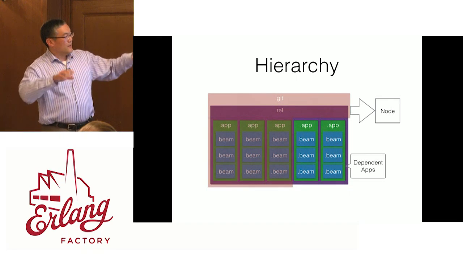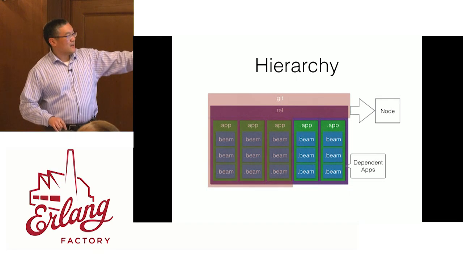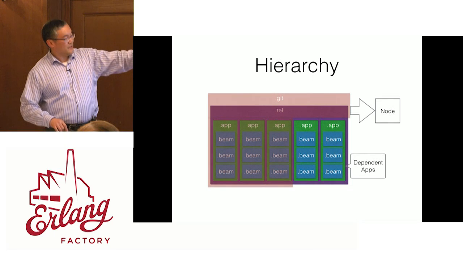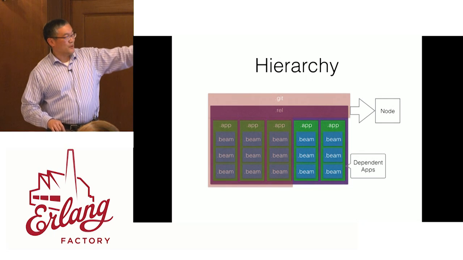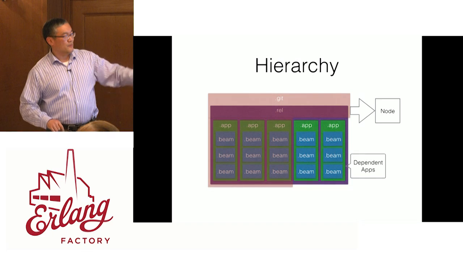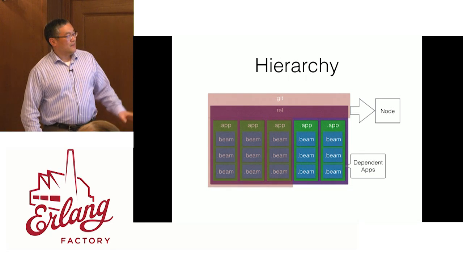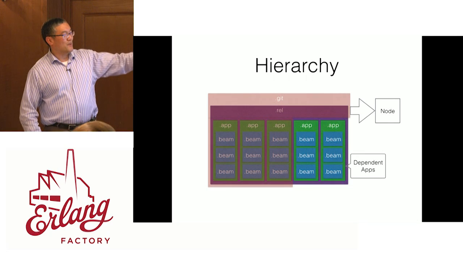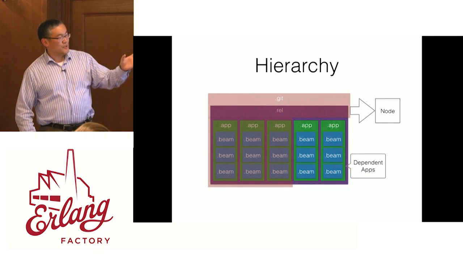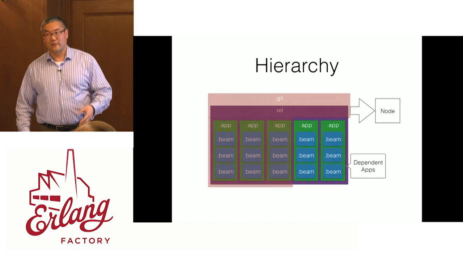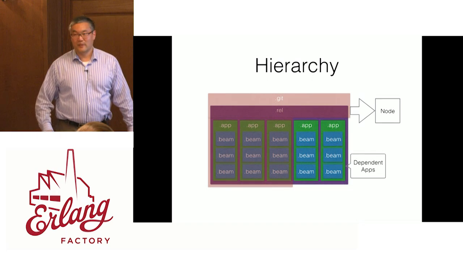The grayed out area on the top and the left is meant to say that those are the bits that are in one particular repository. Then we take what's in that repository and build the release so that we get a node that we can run. Is that pretty clear?